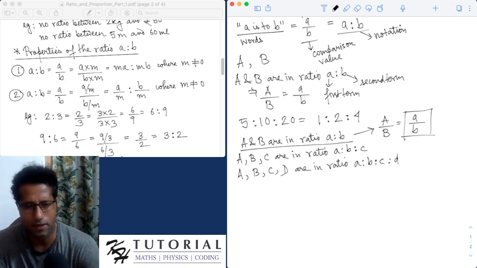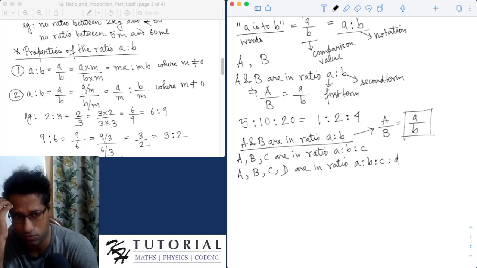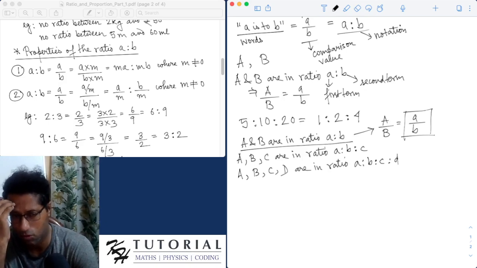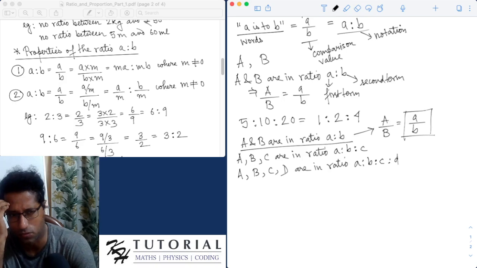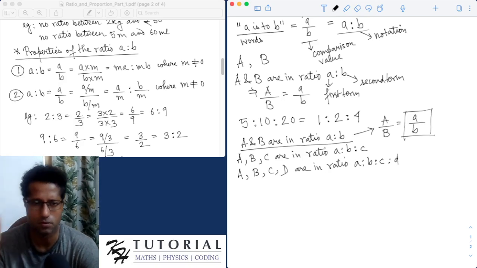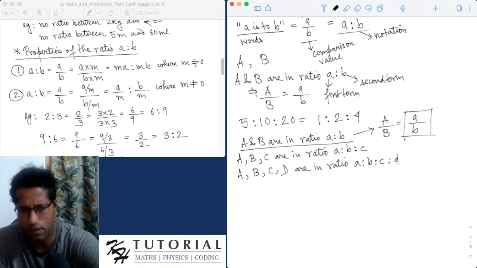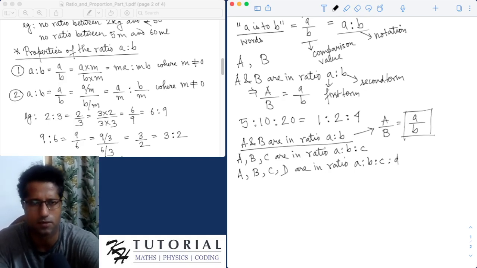So in the example, the ratio 9 is to 6 equals 9 by 6, and if we divide both the numerator and the denominator of this fraction 9 by 6 by 3, we get 3 by 2, which is a ratio 3:2. So we can say that the ratio 9:6 is equal to the ratio 3:2. So the ratio 3:2 and the ratio 9:6 are the same ratio.